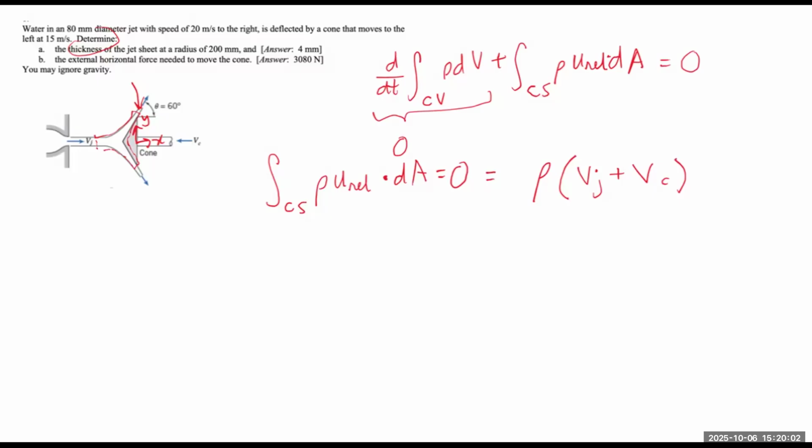We are going to multiply it by dA. dA in this case is the surface area of this face, which is the area of a circle, pi r squared. We know that the jet diameter is 80 millimeters, so we can call the jet diameter dj, and dj over 2 is going to be the radius.